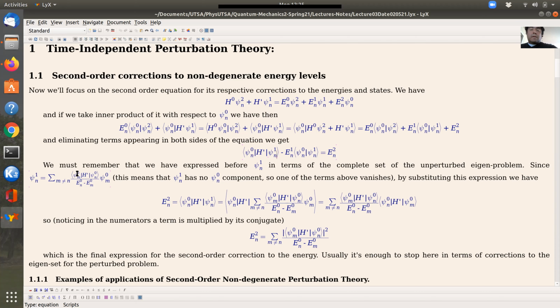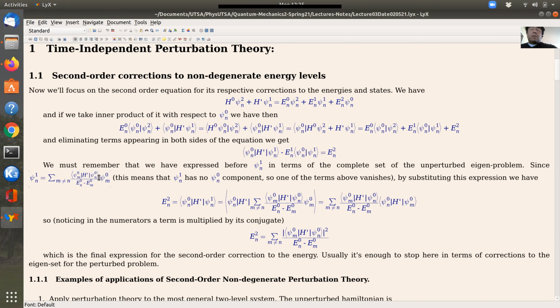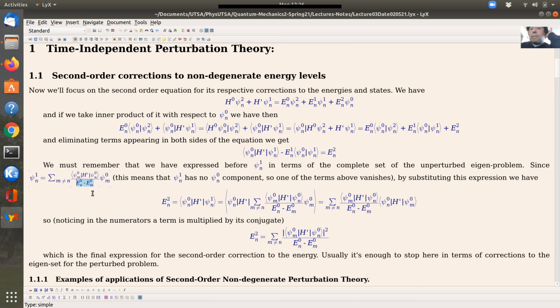The relation that we found last lecture was precisely this one: the sum over all states different to n, where I have this matrix element related to the unperturbed wave functions times psi 0n, divided by this difference in the energies. This is the main reason we are sticking with the assumption of non-degenerate unperturbed energies, so that this term doesn't become zero and blow up the whole thing.